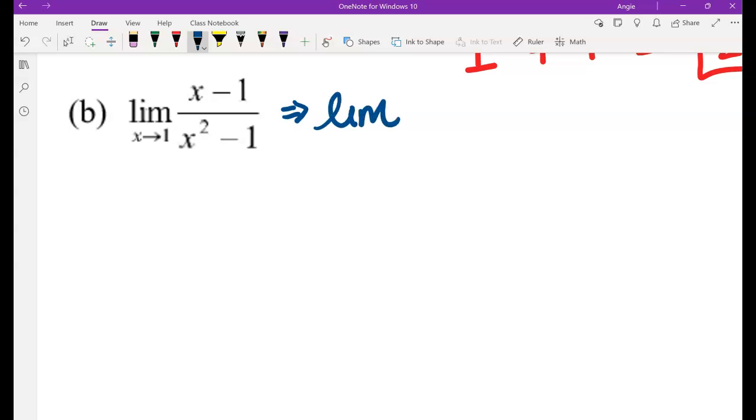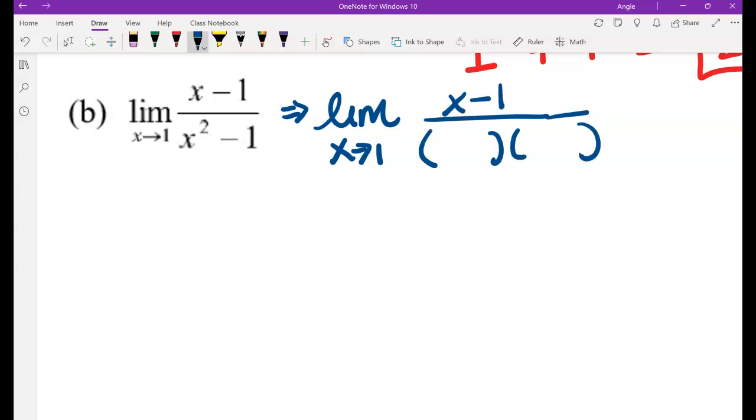So limit as x approaches 1. In the numerator, it is not factorable, but in the denominator, that is a difference of squares, right? x squared minus 1, difference of two square terms, is x minus 1 and x plus 1, okay? This will allow us to reduce, so that's going to get reduced with that.